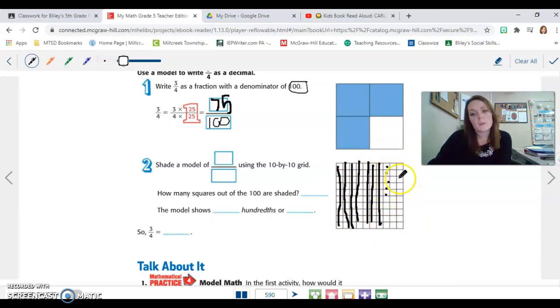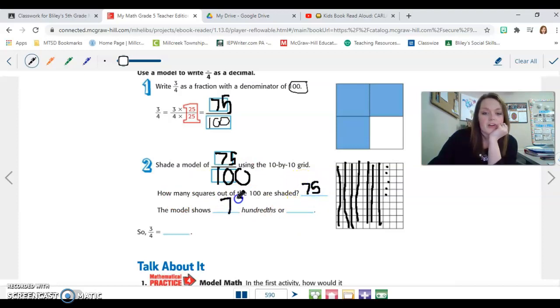It says shade a model of 75 over 100, or 75 hundredths. How many squares are shaded? 75. The model shows 75 hundredths, or 0.75. So 3/4 is 75 hundredths.